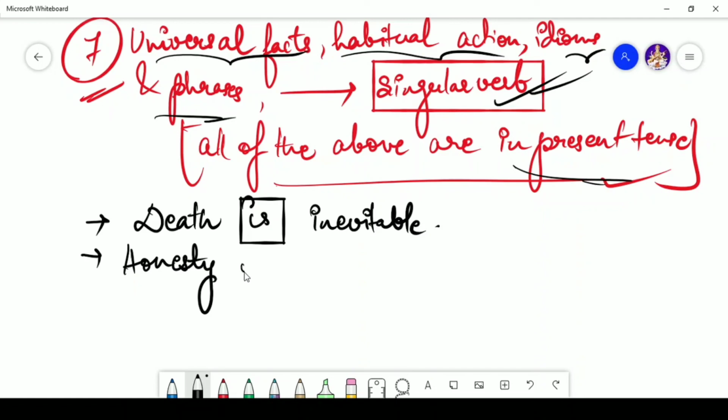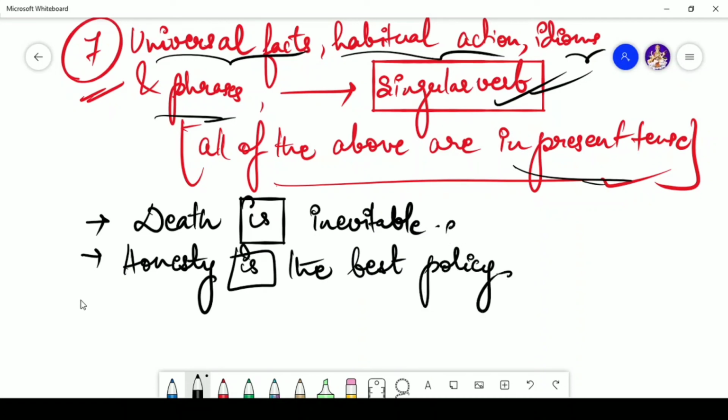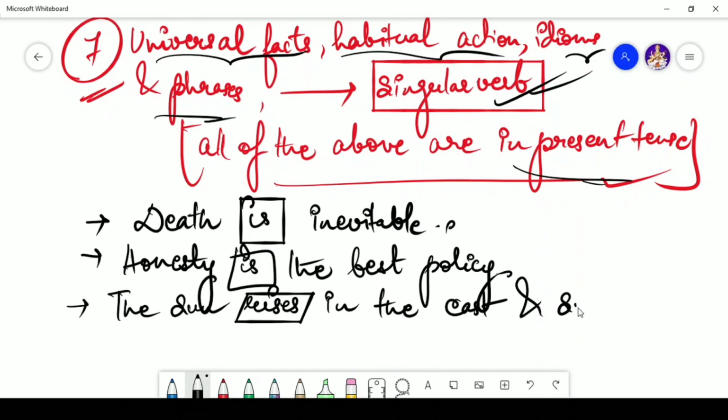Honesty is the best policy. Or, the sun rises in the east and sets in the west.